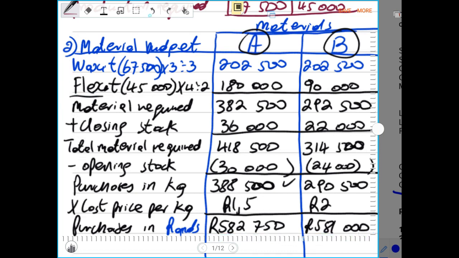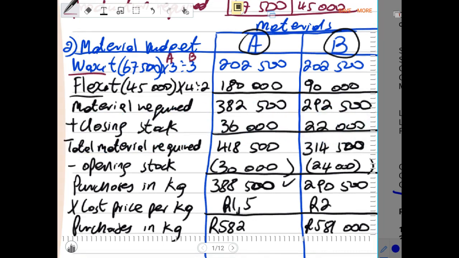Product Waxit requires 3 kgs per unit. So product Waxit requires 3 kgs of material A and 3 kgs of material B, if I can simplify it like that.